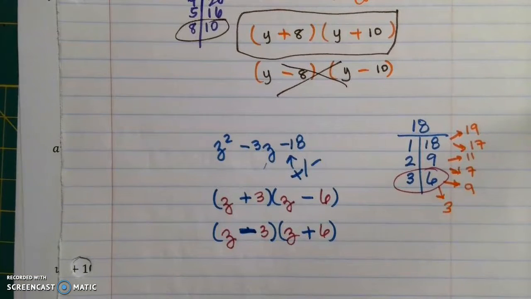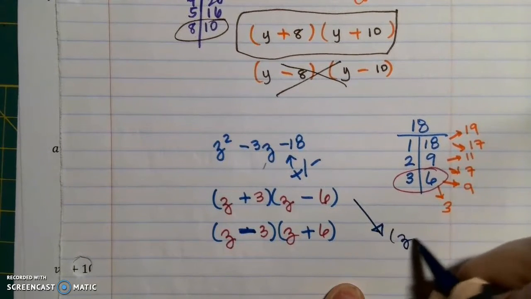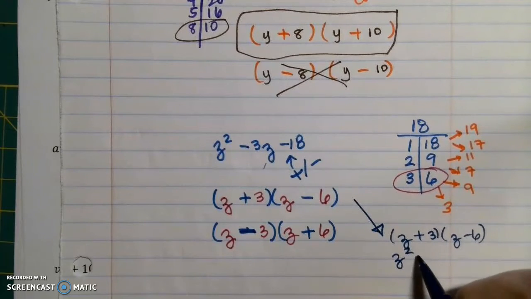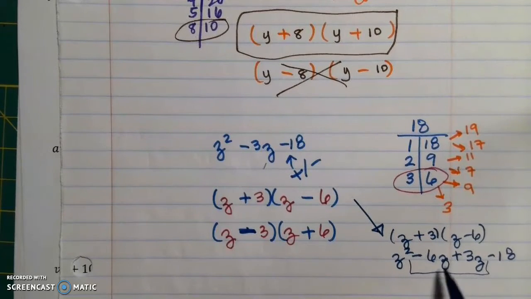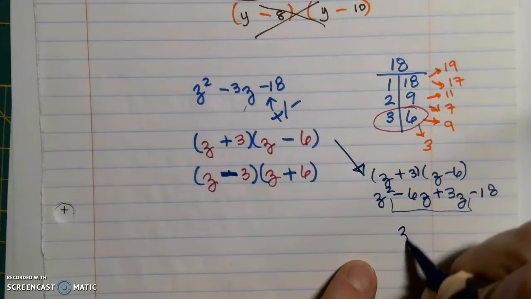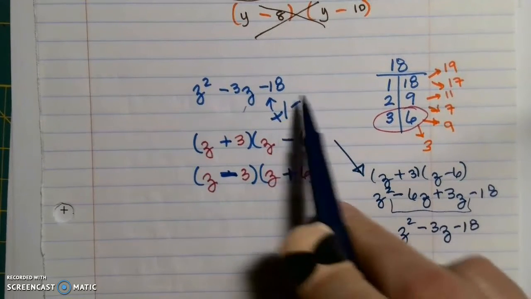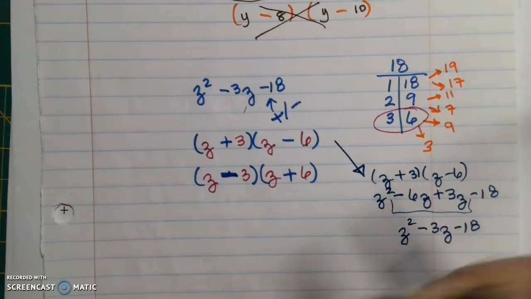So if I look at this one, we would get z squared minus 6z plus 3z minus 18. And hopefully you can see that as we start adding those together, we would get a negative 3z there. So z squared minus 3z minus 18, which is where I started.